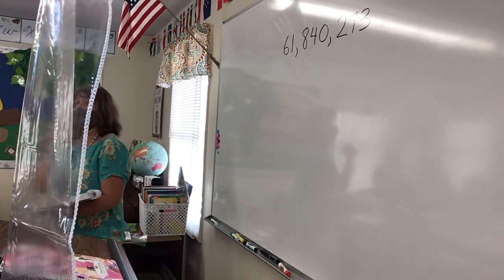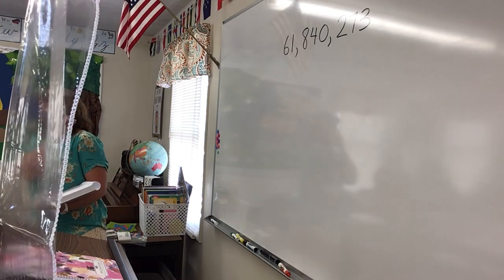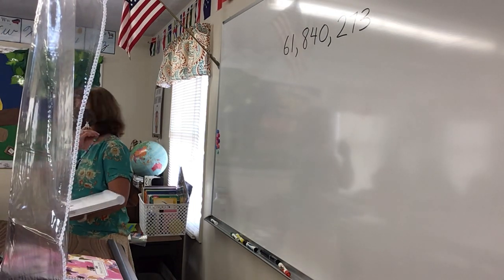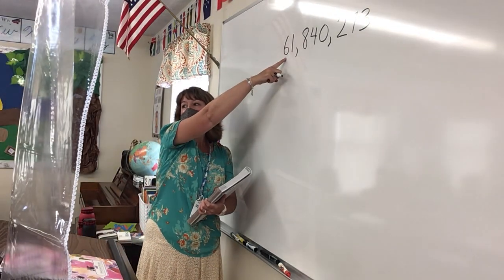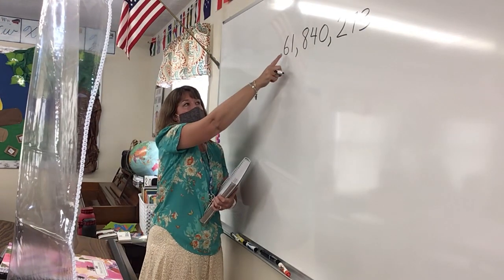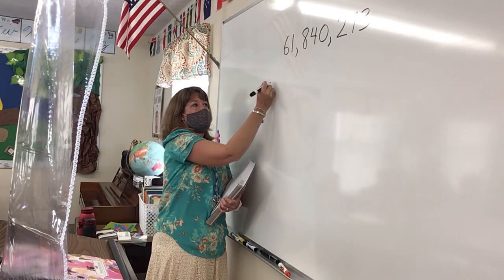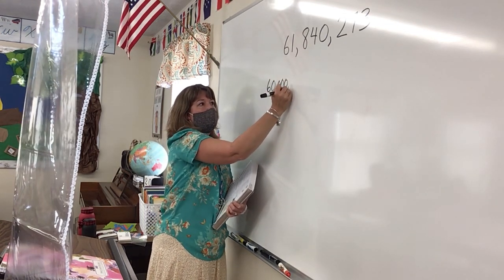Now we're going to take the value of each digit and almost make a little math addition sentence. So the 6 is in what place? 10 millions. Good. So this represents 60 million. So write that out. 60 million.